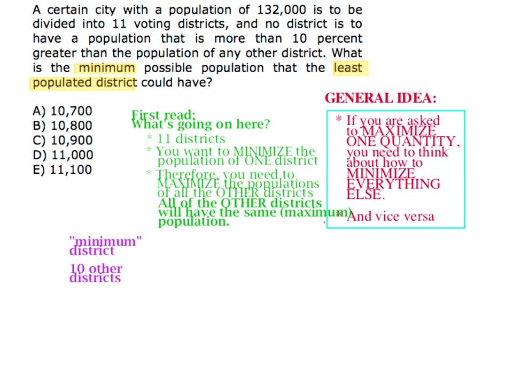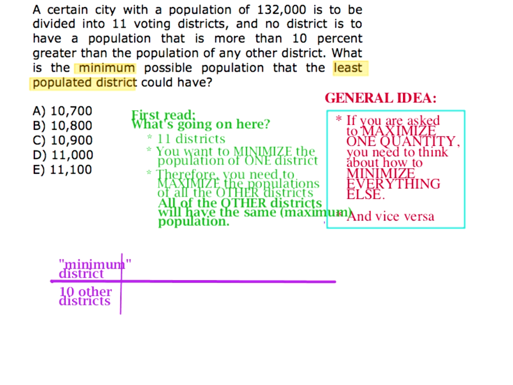Then we're going to have a population per district, and we are going to have a total population as well, because we know that the total population has to sum to 132,000.